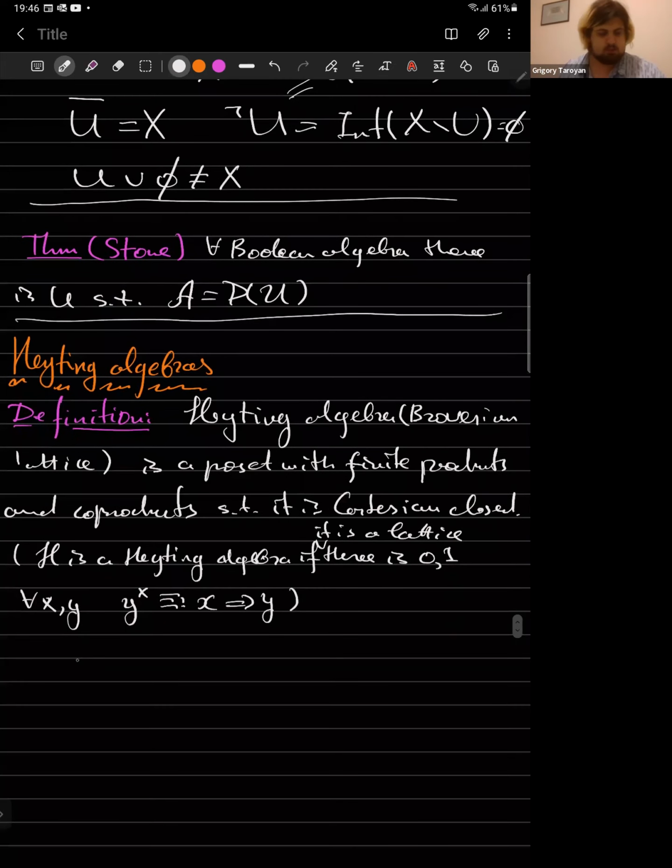By definition of exponential object, we have an adjunction, which looks like this.